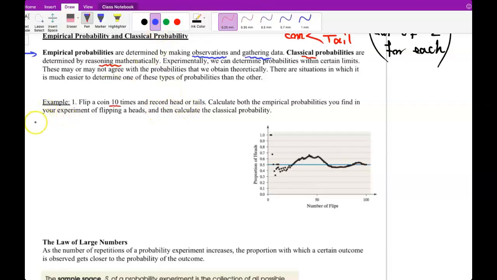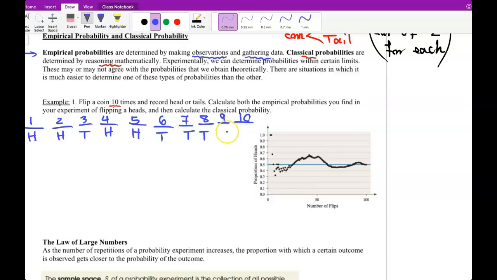So let's say on the first try we had head, second try again head, tail, head, we have head again, okay, so this one tail, let's have these two tail, and here head.